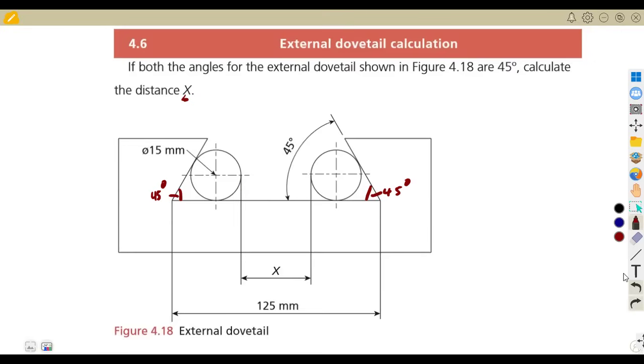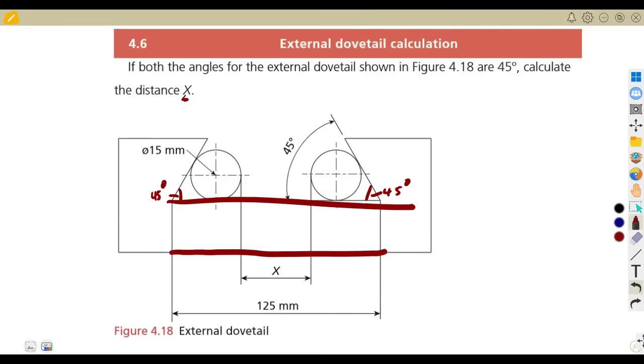Where is x found? If you ask yourself a question like that, you are done. Where is x found? All right, x is found on the horizontal line. It lies on this horizontal line.